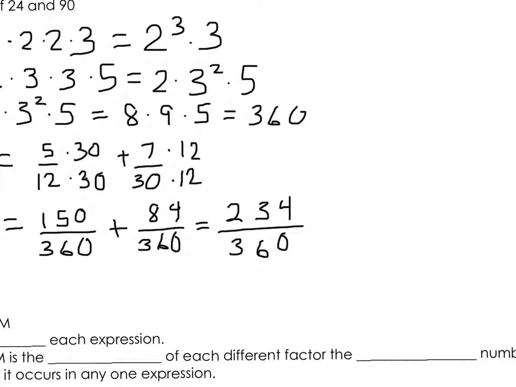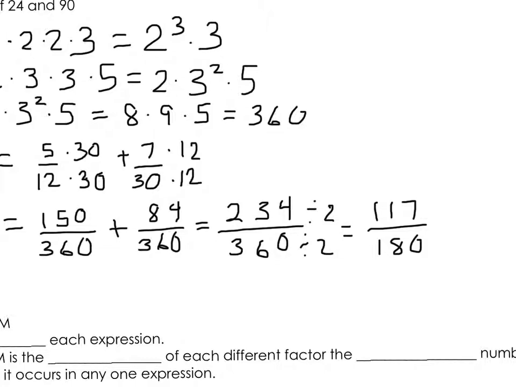Is there a common factor there? I know they're both divisible by 2. So how about we divide numerator and denominator by 2? That will give us 117 over 180. And I think that's our answer. That's as simplified as we can get it.